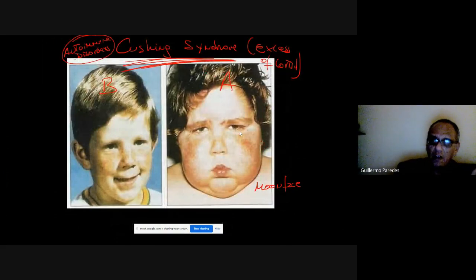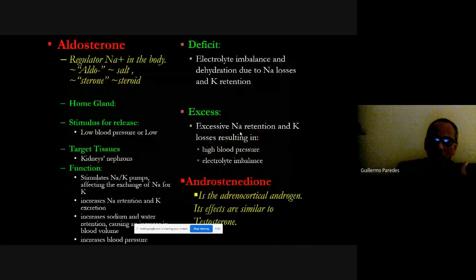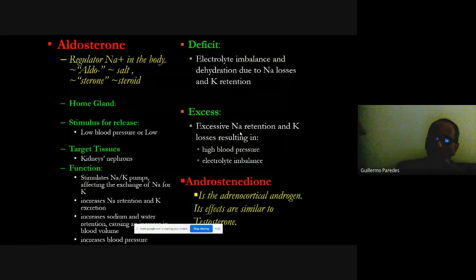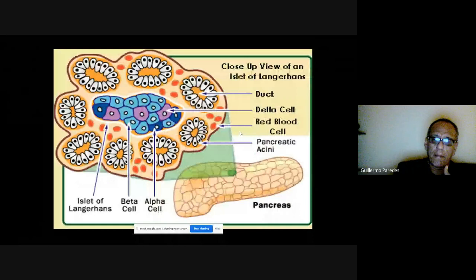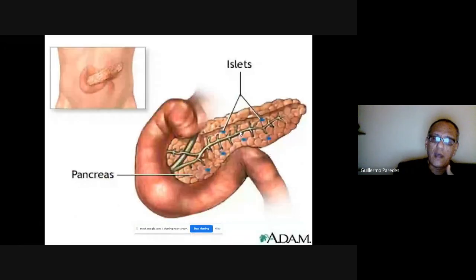You're going to be really gaining a lot of weight. Corticoids. Aldosterone, what we talked about, is to reabsorb sodium, and when sodium enters, potassium exits.